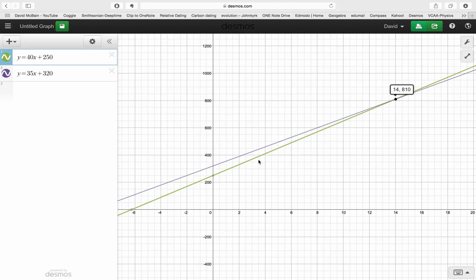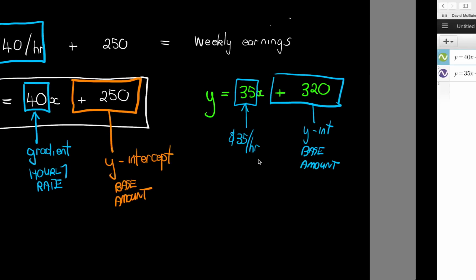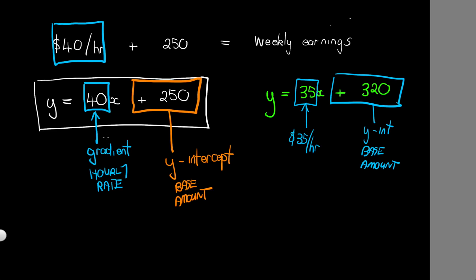So finally, let's just do that calculation. So for example, if I wanted to work out how much money I would earn if I worked for, say, 4 hours. So 4 hours of work, how much will I earn in each of these pay scales? Well, this one, I'm just plugging in X equals 4 because X is the number of hours worked.